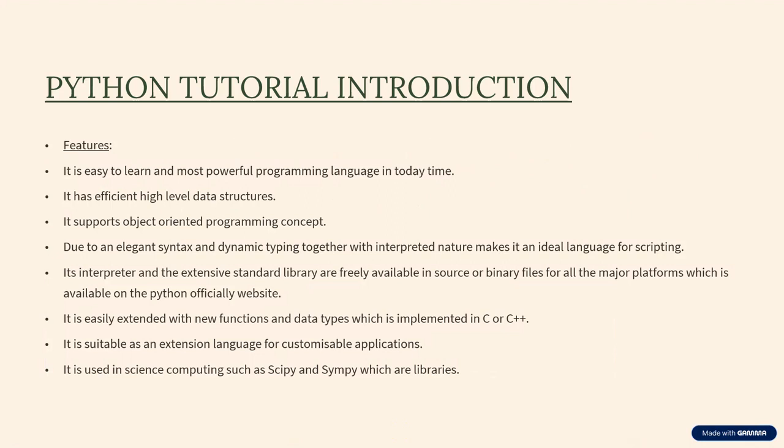It supports object-oriented programming concepts. Its elegant syntax and dynamic typing, together with its interpreted nature, make it an ideal language for scripting. The extensive standard library is freely available in source or binary form for all major platforms, on the Python official website. It is easily extended with new functions and data types implemented in C or C++. It is suitable as an extension language for customizable applications.